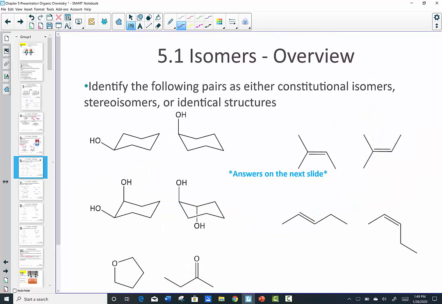So a review of isomers. You're going to be asked, are these molecules the same, identical structures, or are they constitutional isomers, stereoisomers, or the same? Well, let's take a peek at what we have. Here is a molecule that is a 6-membered ring, and on carbon number 1, I missed that. Carbon 1, 2, 3, 4, 5, 6, that's a good repair.